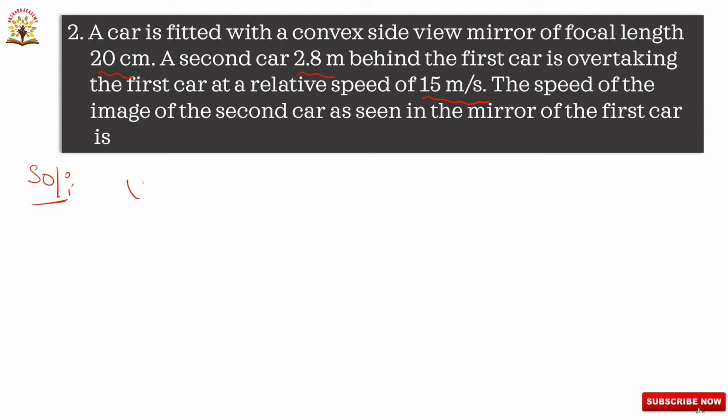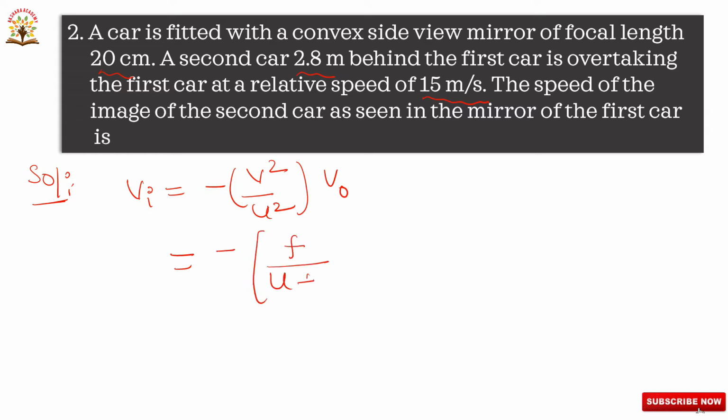Here vi is equal to minus of v square by u square into v naught, which we can write as f by u plus f whole square into v naught.